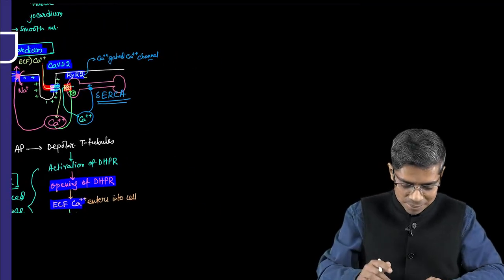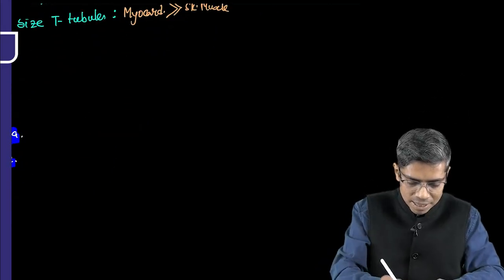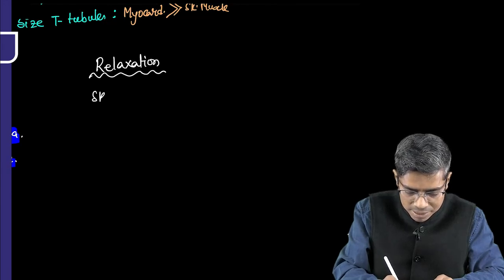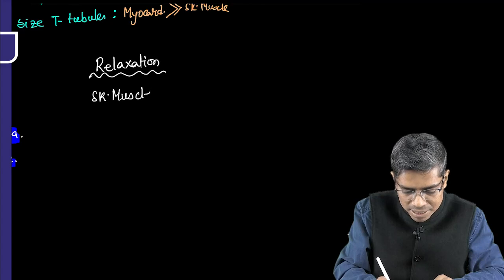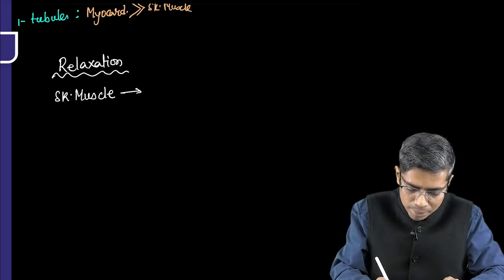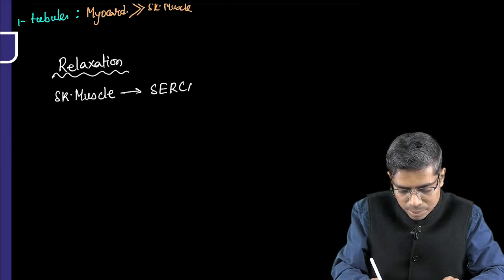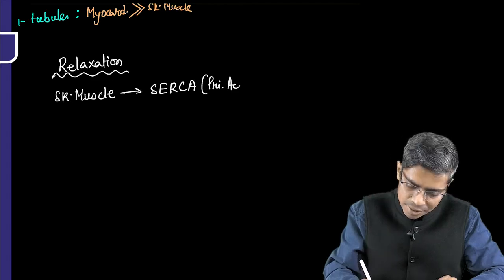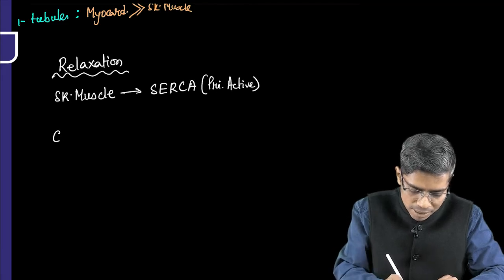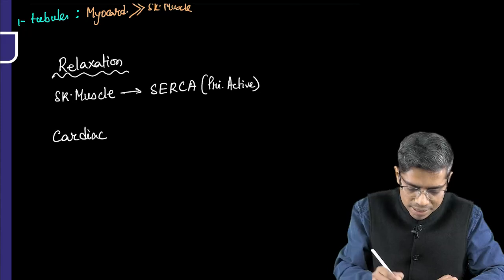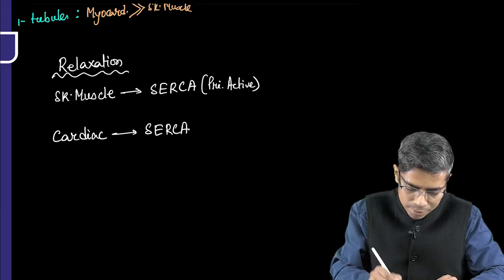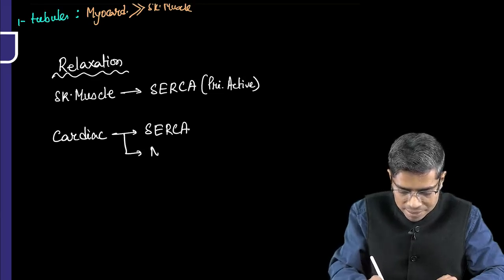So now if we write down relaxation of muscle: in case of skeletal muscle, the relaxation is completely done by the SERCA pump, and this is a primary active transporter. In case of cardiac muscle, the relaxation is done by the SERCA pump as well as the NCX pump.